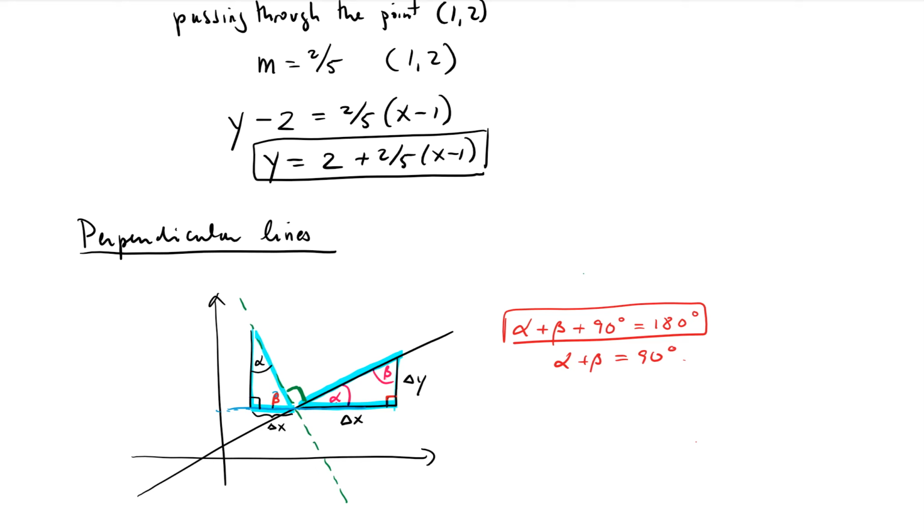So in other words, if this is delta x, this is delta y. Let's label my lines. This is L1, this is L2. So the slope of L1, that's rise over run. But what's the slope of L2?